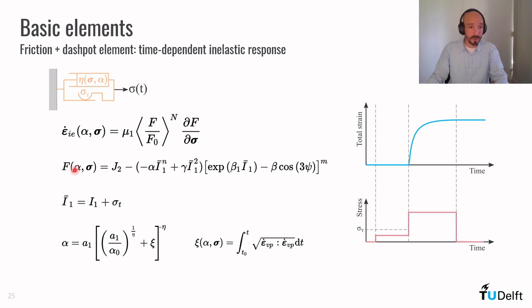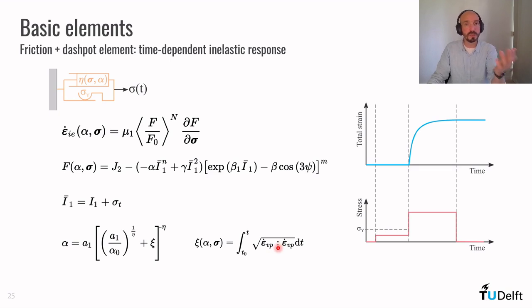The yield function depends on the hardening parameter, and to compute the hardening parameter, I have to use this equation, which depends on the accumulated viscoplastic strain. And the viscoplastic strain depends on the viscoplastic strain rate. But the viscoplastic strain rate is exactly what I want to compute in the first place. So to compute the viscoplastic strain rate, I need the hardening parameter, which requires the accumulated viscoplastic strain, which requires the viscoplastic strain rate.